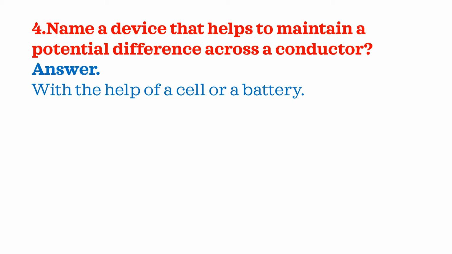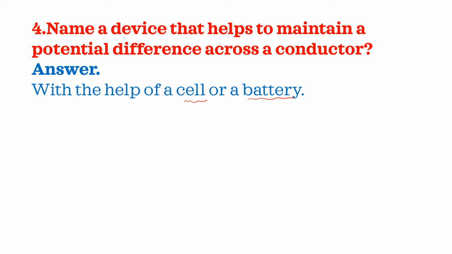A cell has two terminals, one positive terminal and another negative terminal, and the connection of two or more cells in series is known as a battery. So which device is helping us maintain potential difference across a conductor? A cell or a battery.